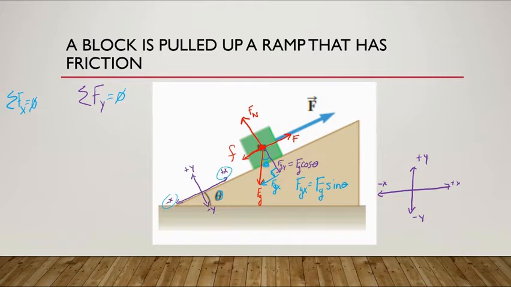So my sum of forces are my force applied minus my force of gravity in x minus my friction. So I end up getting 0 is equal to my force applied minus my force of gravity times sine theta minus friction. Or my force applied is equal to force of gravity sine theta plus friction.